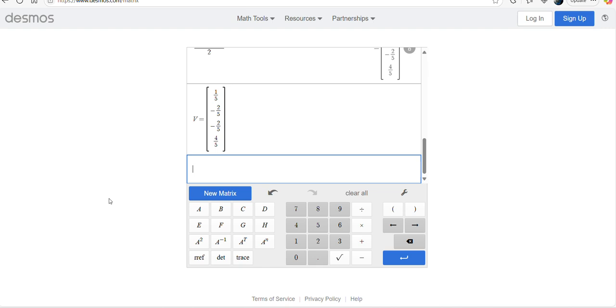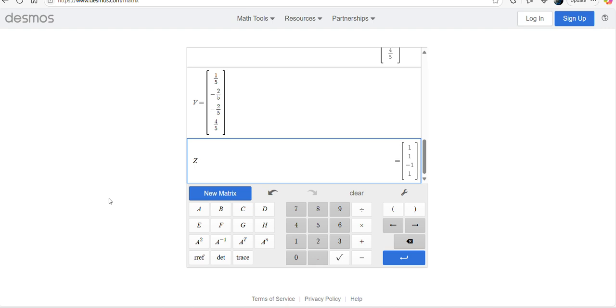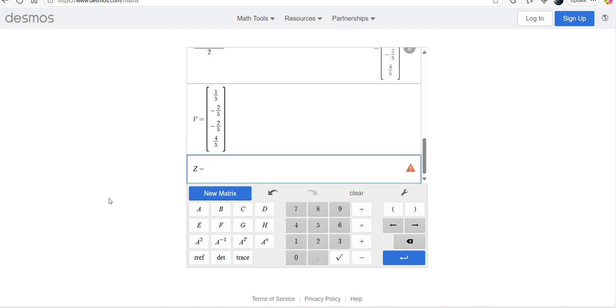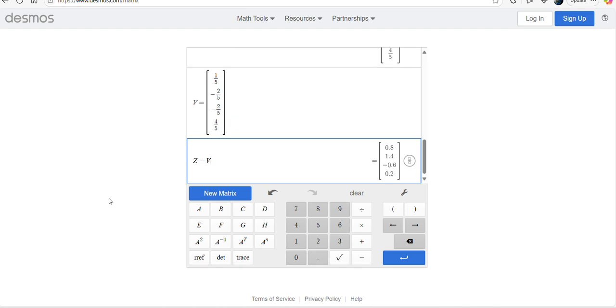Now we need to find U3. We'll start off with our Z, the last vector, minus the projections. So we need both of the projections.